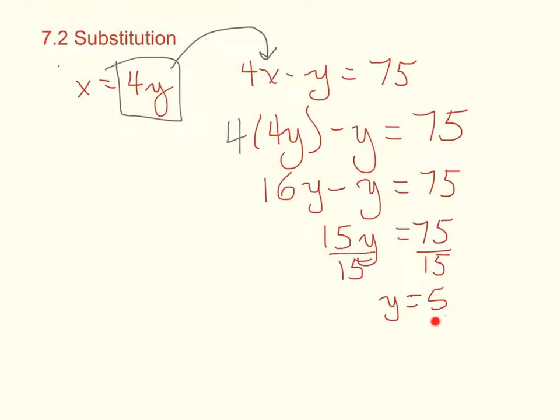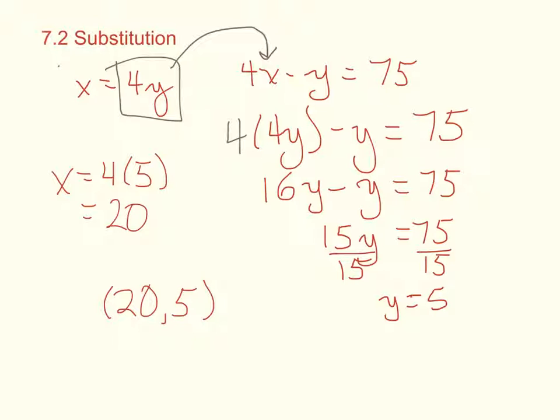So x is equal to 4 times 5, which is 20. So x is equal to 20, y is equal to 5. Writing that as an ordered pair, we have (20, 5) for our final solution. So that is what we were looking for. Okay, and we'll do another example.